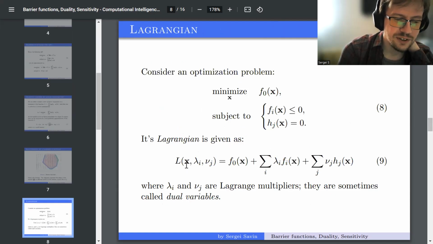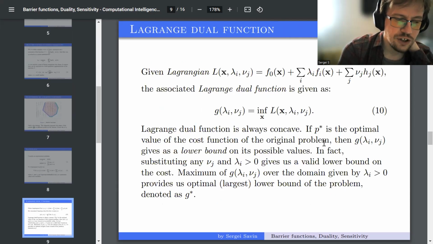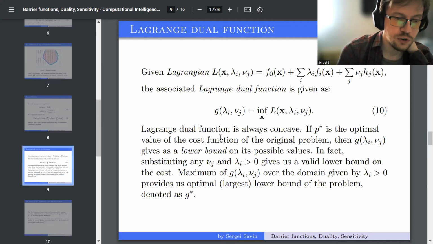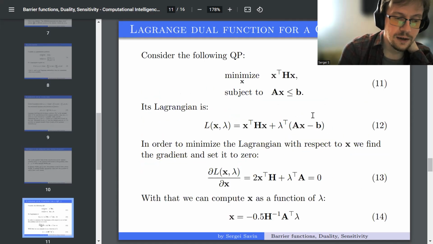And the second was Lagrangian, which gives rise to dual variables and the Lagrange dual function that looks like this. And if you know something about the duality gap, or if you can find it, you can reason about the solution to the optimal problem using the Lagrange dual problem.